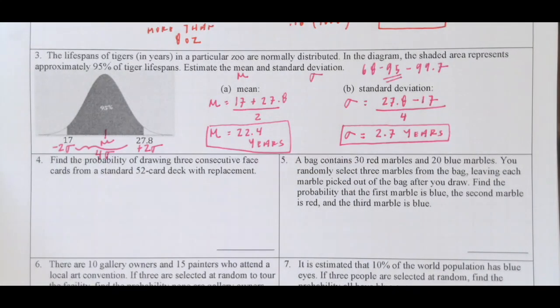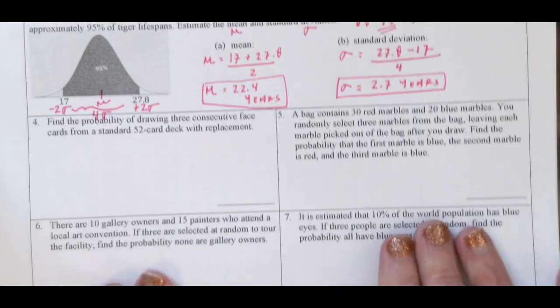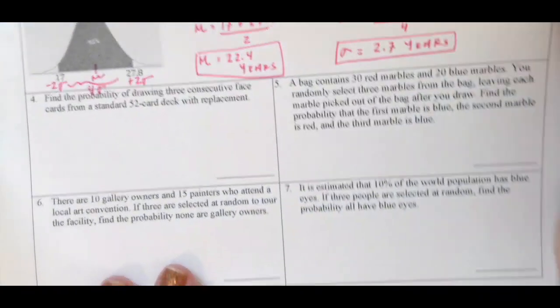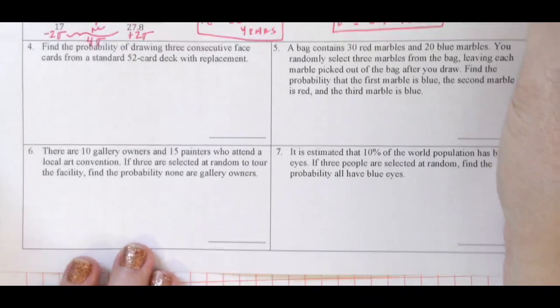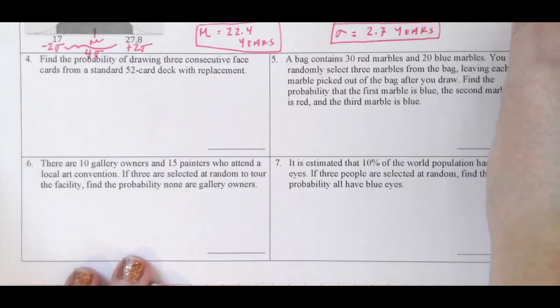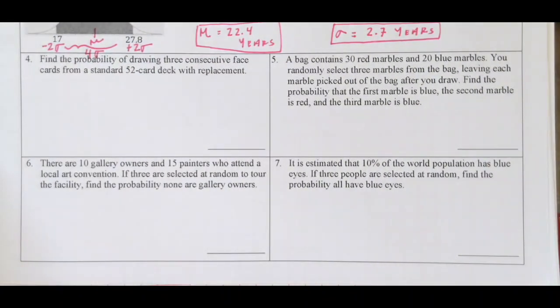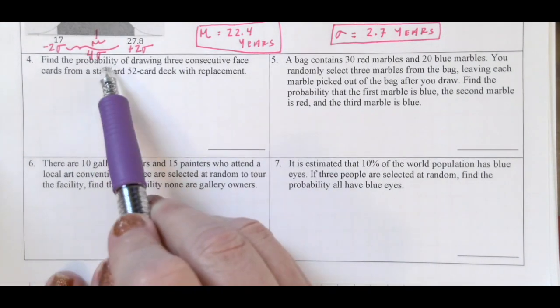Okay, next block of problems, we're looking at probability. So always try to reduce any fractions, and if it doesn't reduce, 4 decimal spots. Here's a block of independent, dependent probability questions. So first, find the probability.